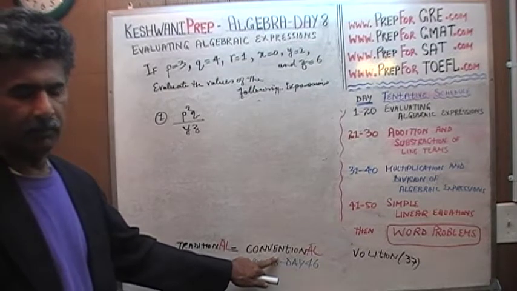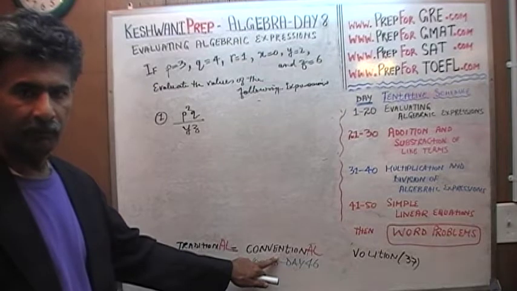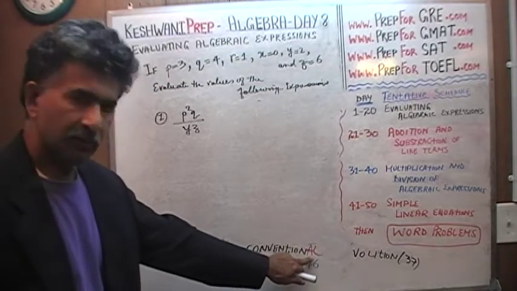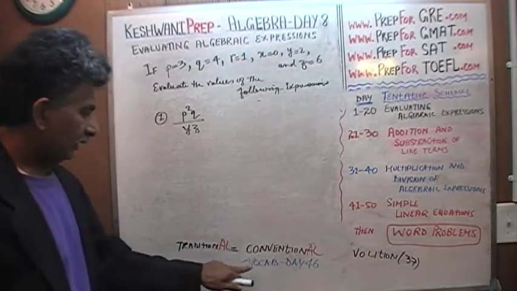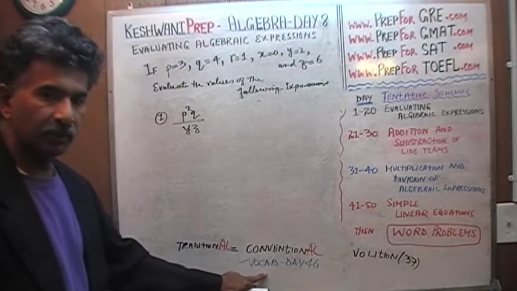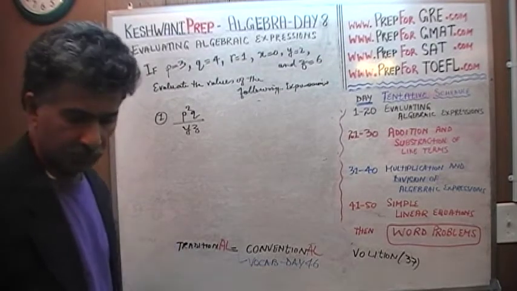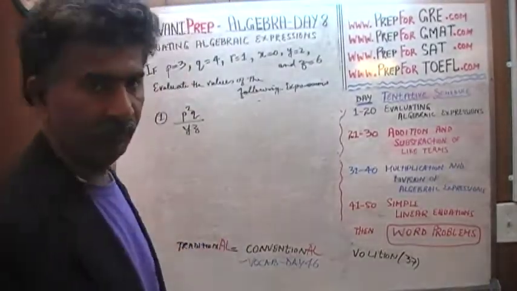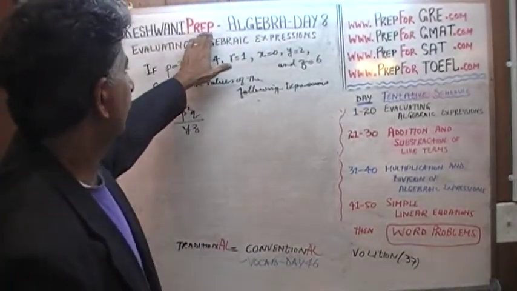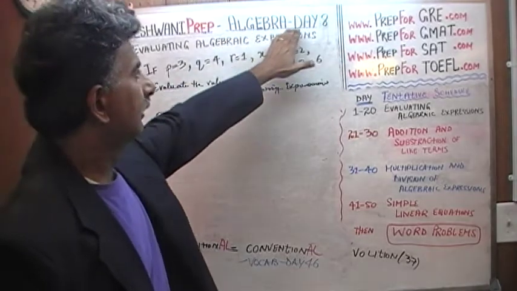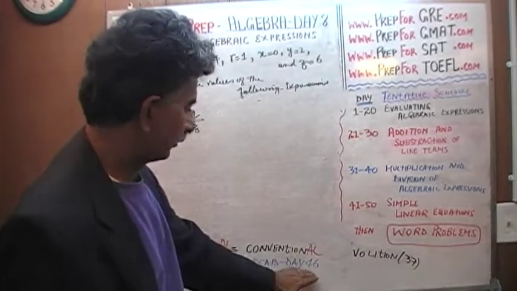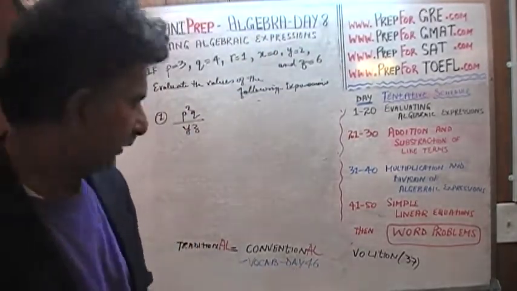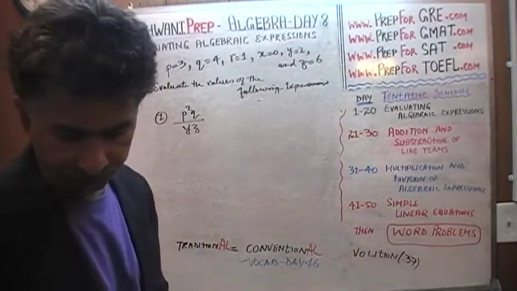And the adjective of convention would be conventional, which means traditional. And that's the word that you will learn if you go and watch lesson number 46 of my vocabulary video. Just same tag, same system. Just type in Keshwani Prep -vocab -day 46. Just vocab, not the entire vocabulary word. You understand? Let's get going.